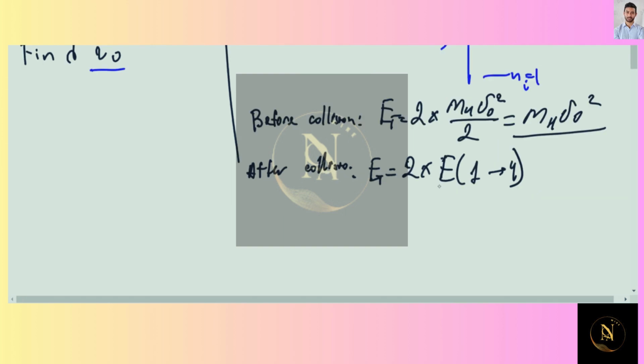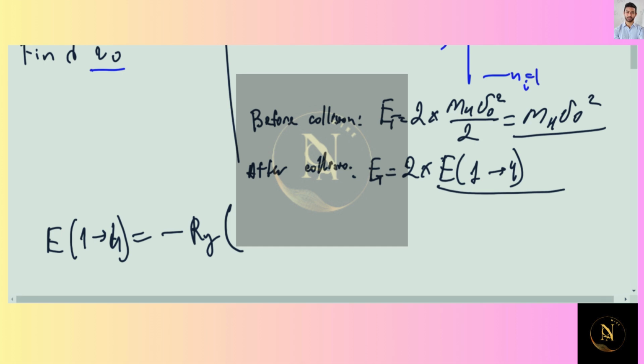So now let's calculate this. For each individual hydrogen atom, this energy equals negative Rydberg constant multiplied by 1 over n final squared, minus negative Rydberg constant multiplied by 1 over n initial squared.